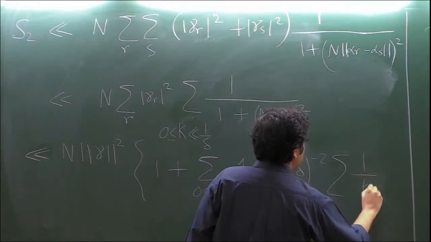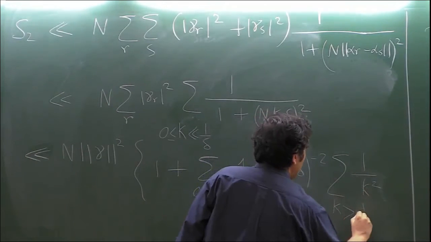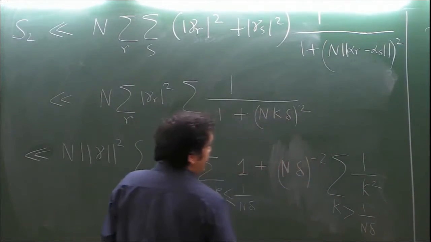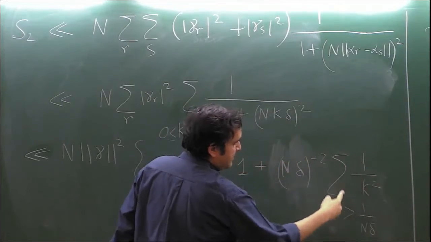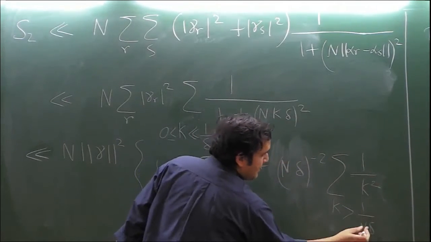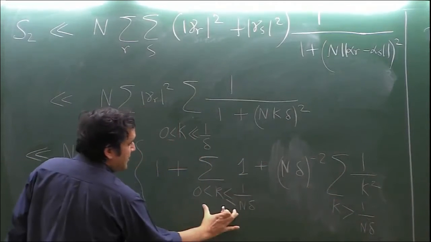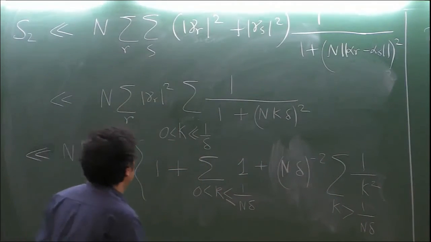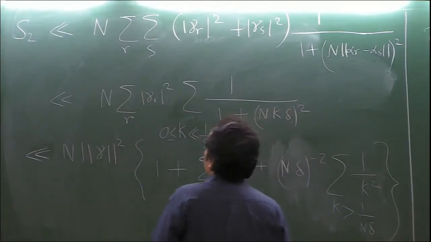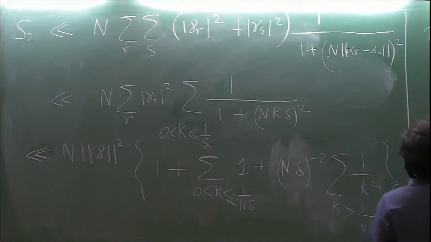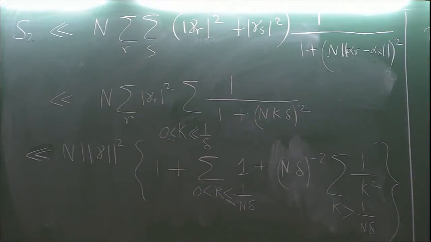One by k square and k greater than 1 by n delta. So this will contribute something like 1 by k with k equal to 1 by n delta, which is n delta. So I'll get 1 upon n delta, and here also I'll get 1 upon n delta. So finally, this tells you that S, so let's keep it because that's the statement.